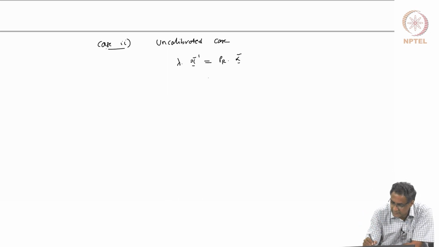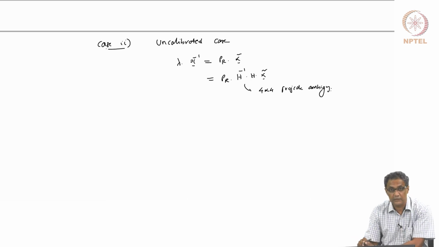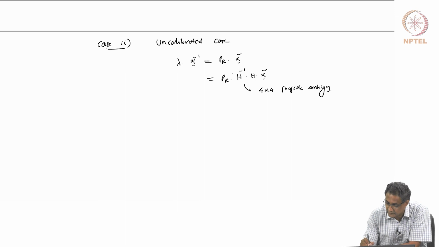So what this means is that you can have something like an H inverse H X tilde, where H is a 4 cross 4 invertible matrix, a projective ambiguity. This is still valid, you will still get the same coordinates.